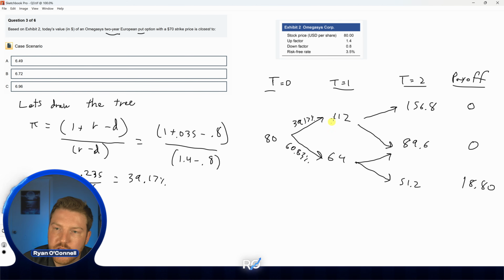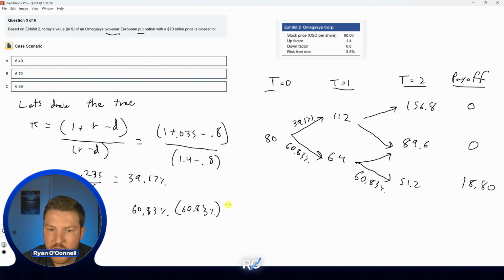Now, this would have been harder if there were payoffs on these ones, but because it needs to go down and then it needs to go down again, basically the only time it ever pays anything off is if this happens twice. What's the probability of that happening twice? Well, it's going to be 60.83% squared, multiplied by the payoff at the end, which is 18.8.